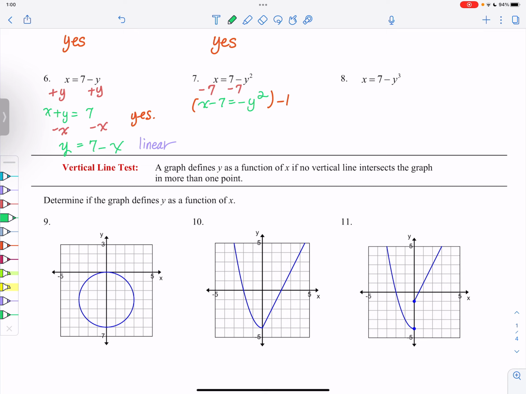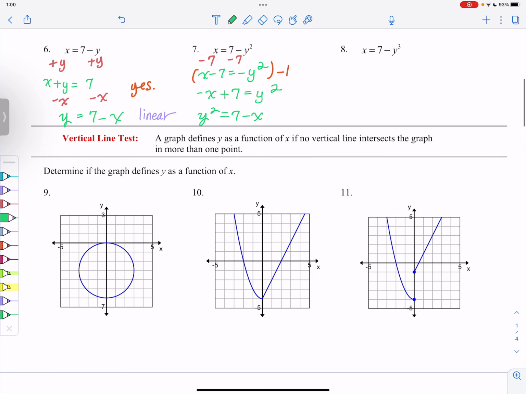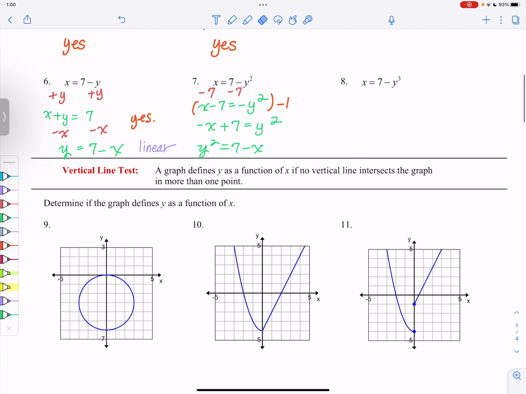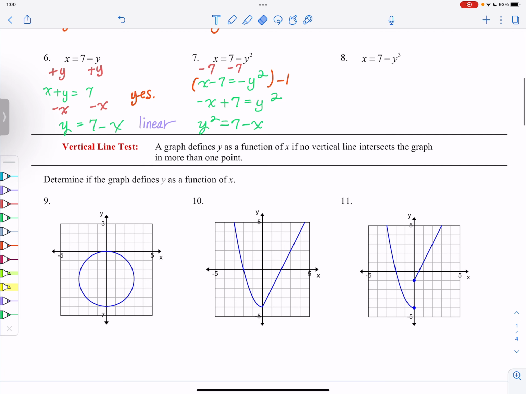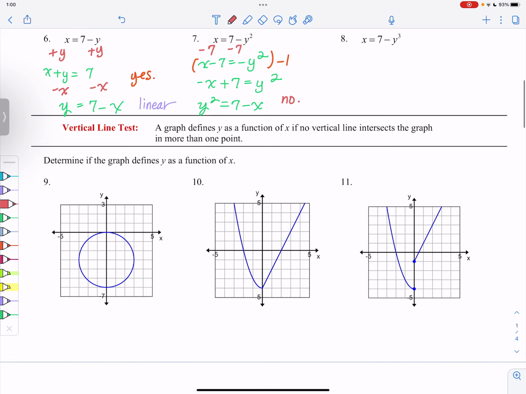So we will have negative x plus 7 is y squared. And let's just turn that around. And as you can see, for every x value, we are going to have two different y values that could be possible, up to 2. So this is a definite no. Okay, it is not a function.